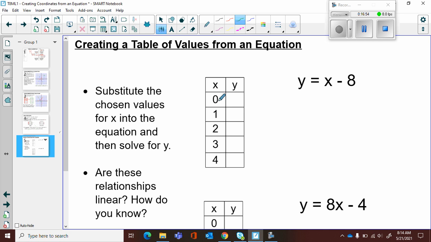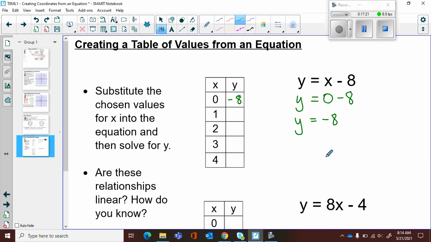So in this one here, if I say x is 0, I could determine what y would be in that case. When x is 0, I'm going to put in a 0 for my x. I'll solve this. 0 take away 8 is negative 8. So when x is 0, y equals negative 8.